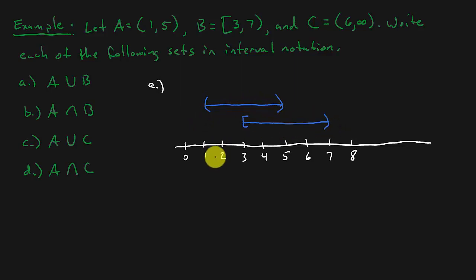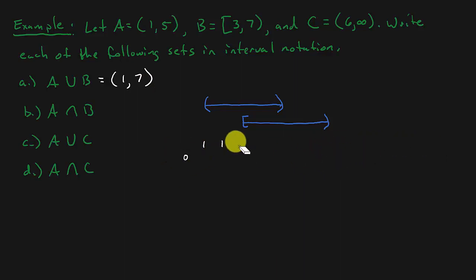So everywhere there's a line, that is from 1 to 7, and we're going to have parentheses on the ends. Okay, so A union B would be the interval 1 to 7. And that's your answer.